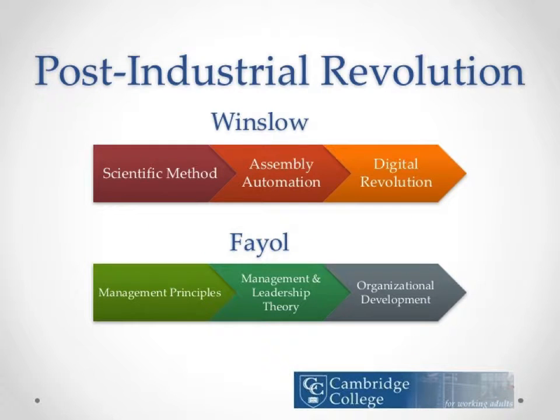So last week we talked about Winslow versus Fail and how scientific method versus management principles came to evolve. And as we discussed with Winslow, he's the father of scientific method, which was very much about purpose and getting people into specialized positions to execute specialized duties.